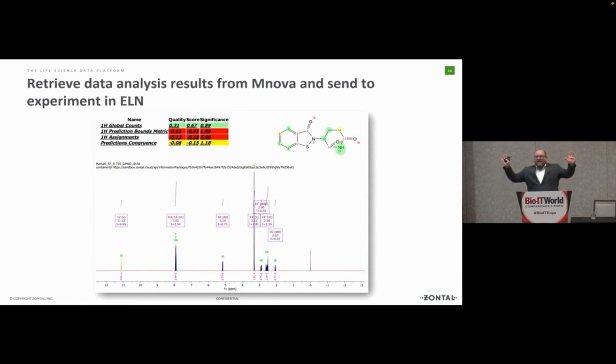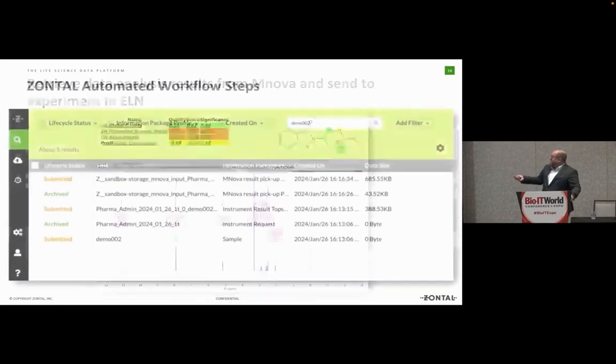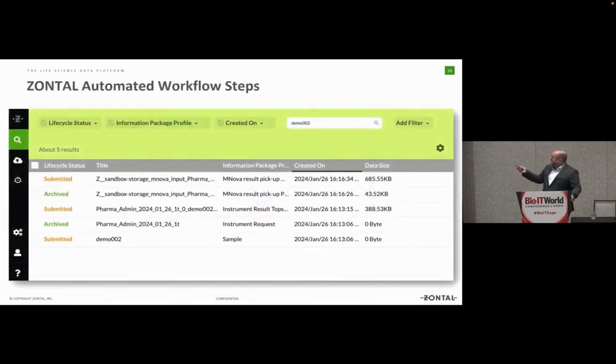Here's the result that came just from the NMR machine. And please use this script to say, okay, is this structure actually represented in this result? And there are just a couple of steps necessary in this workflow inside ZONTAL.